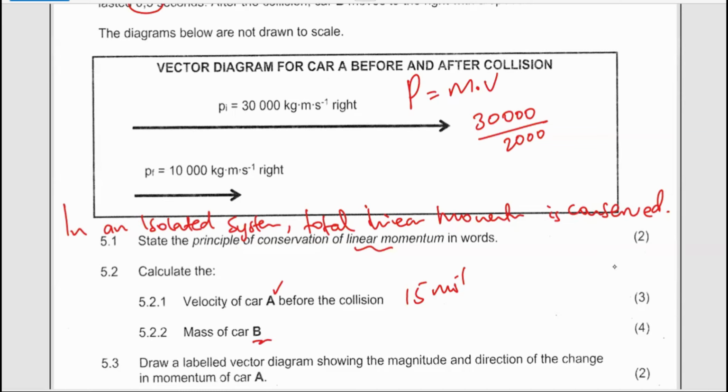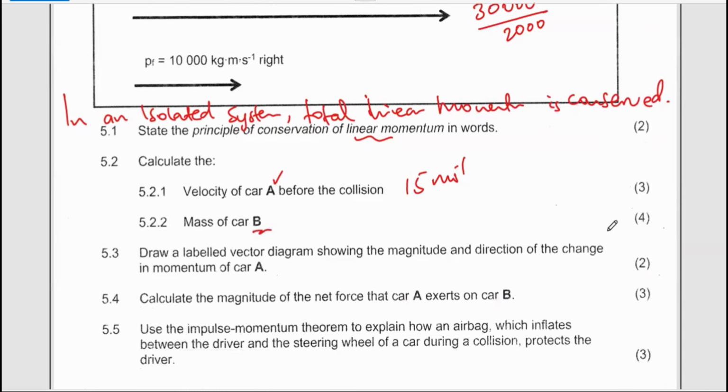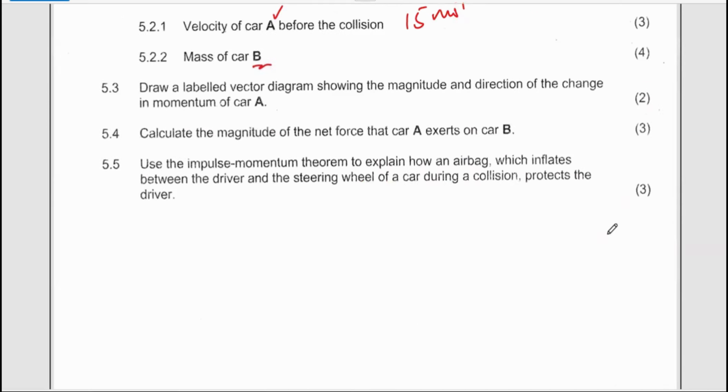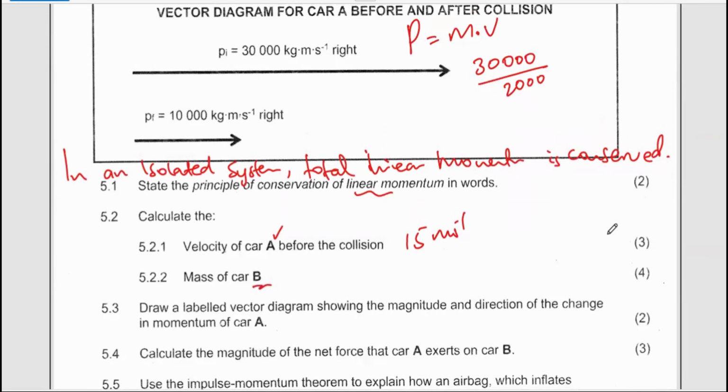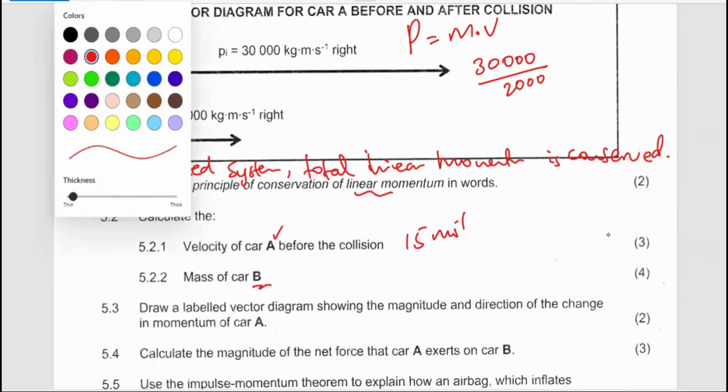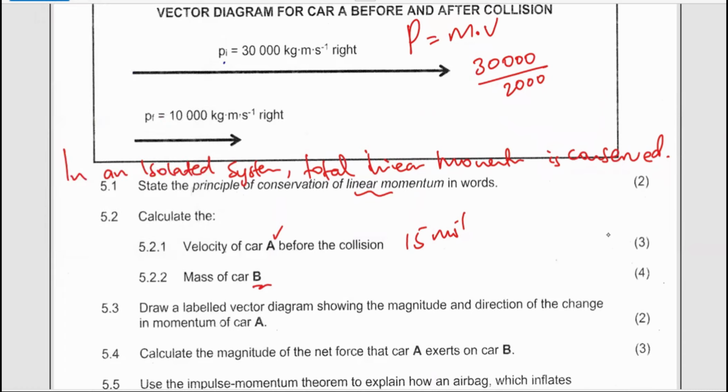So here we apply the conservation of momentum. So meaning that we're going to have mass of A, V initial of A, plus mass of B, V initial of B should give us the mass of A, V final of A, plus the mass of B, V final of B. Here we have the momentum already, so there is no need of calculating that.